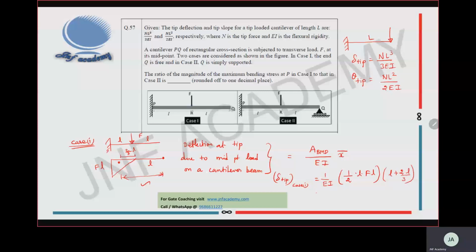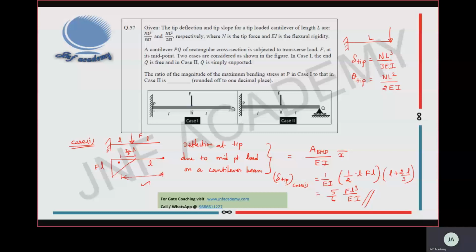If we simplify this, 5L divided by 3 will be there, and the 1 by 2 is outside. Simplifying further, 5 by 6 times FL cube by EI. This is the answer for the first case due to midpoint load.